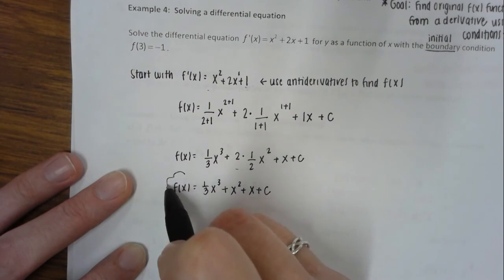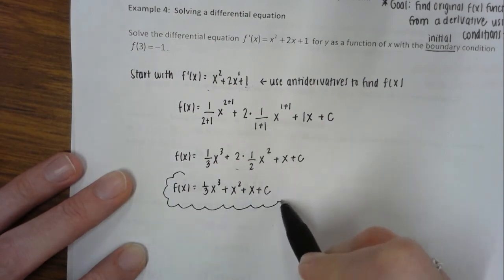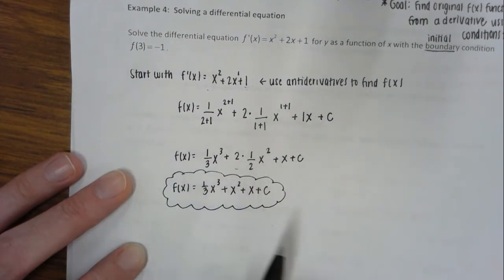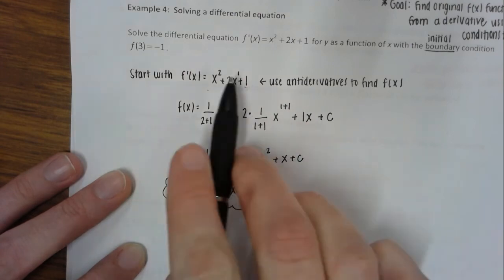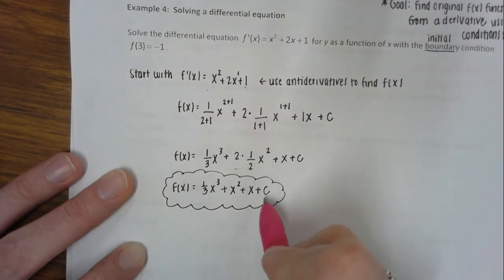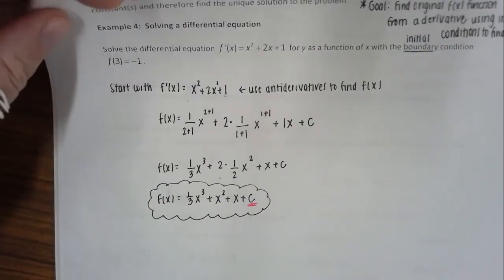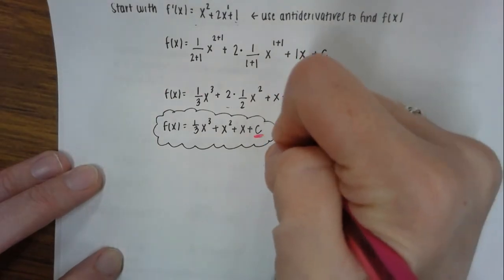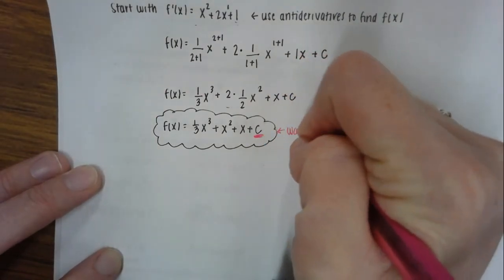So here's my starting antiderivative. This is my original function f. And if I were to take the derivative of that, I would get x squared plus 2x plus 1. But what I want to know now is, well, what is this c value? So I want to find c.